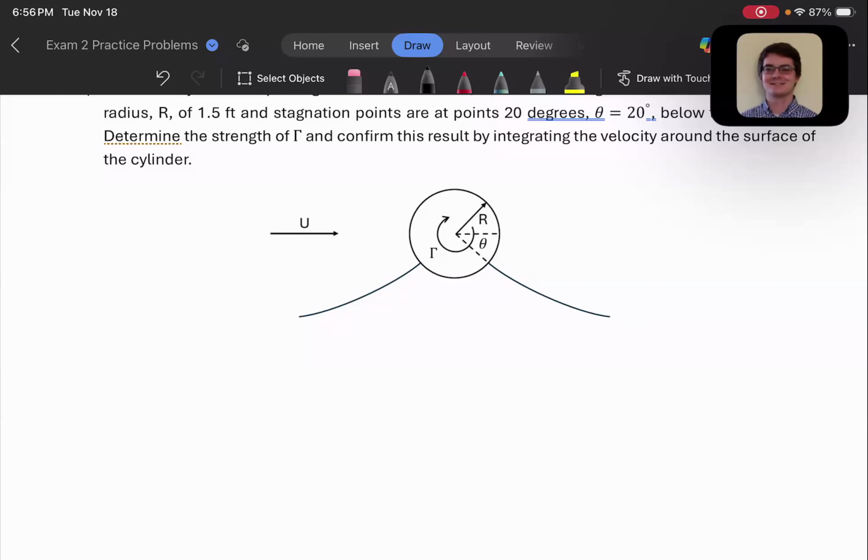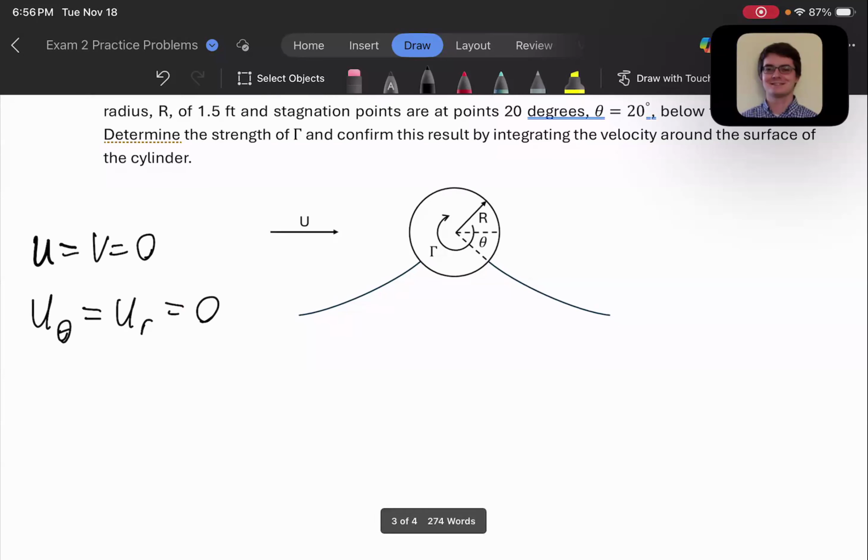Yeah. So if it's u and v, they equal 0. And if you're in polar, both of those components would also equal 0. Okay. So with that said, that's our stagnation points.